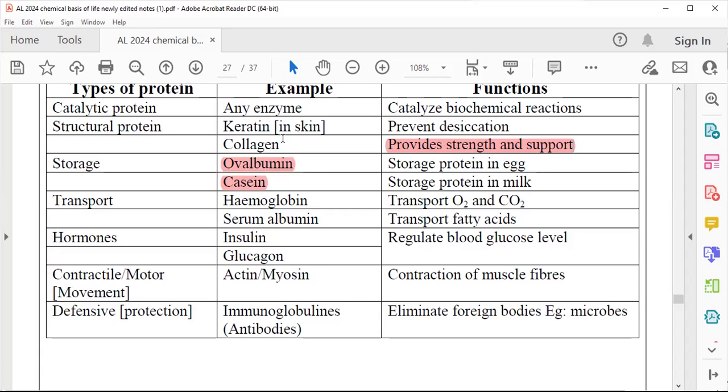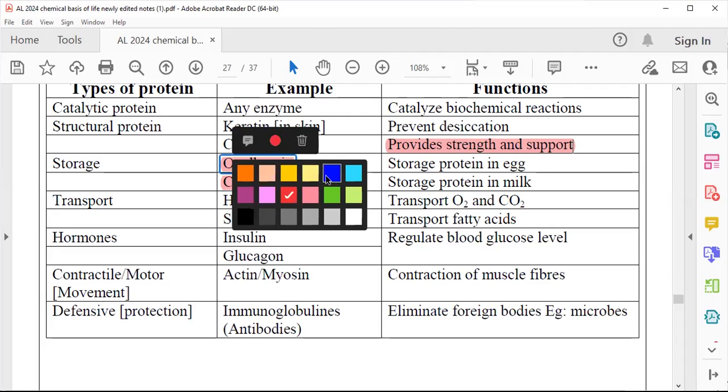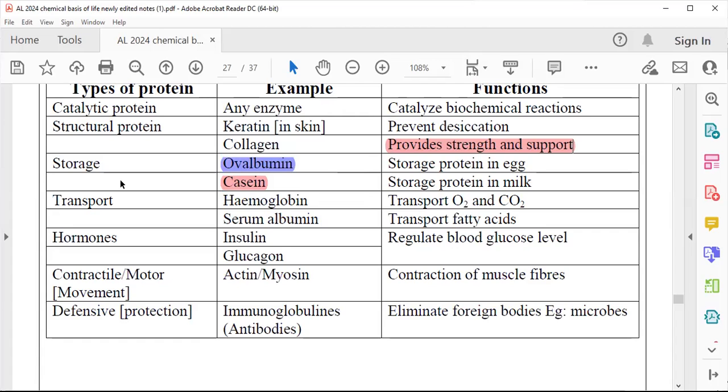Ovalbumin. O means egg. Ova means egg; ovum is singular, ova is plural.